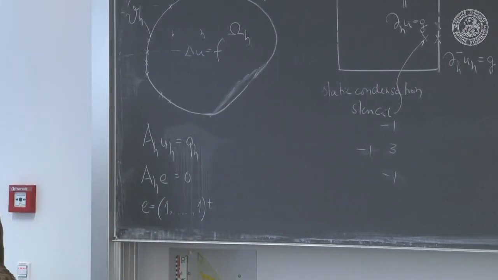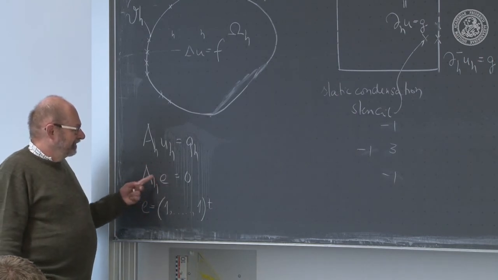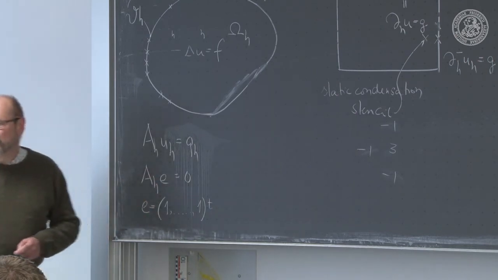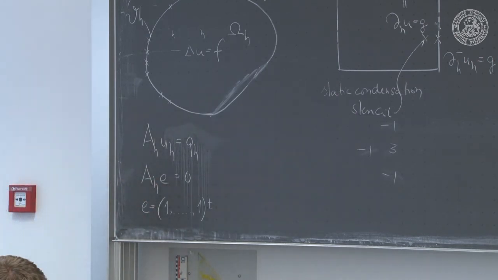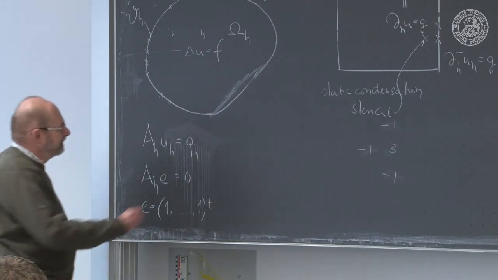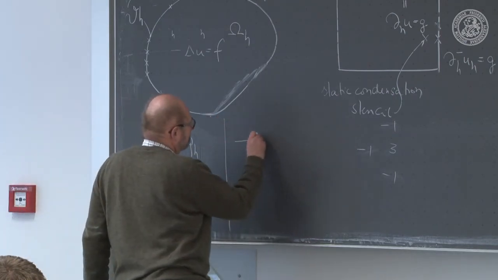That is the property. And then you see already the answer to my question. Is this still a regular problem? Yes or no? No. Because we have a non-trivial kernel, of course. Or to say it a little bit more fancy, 0 is an eigenvalue of this problem. How is it in the continuous case?